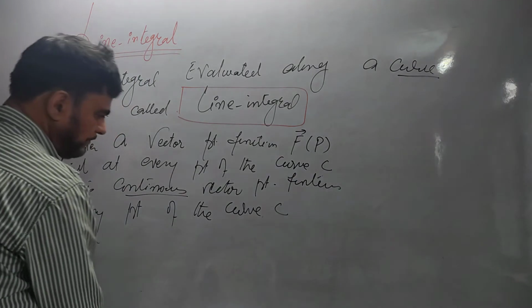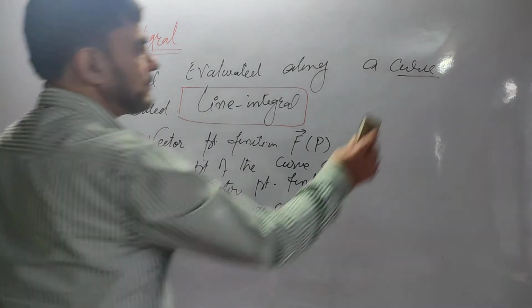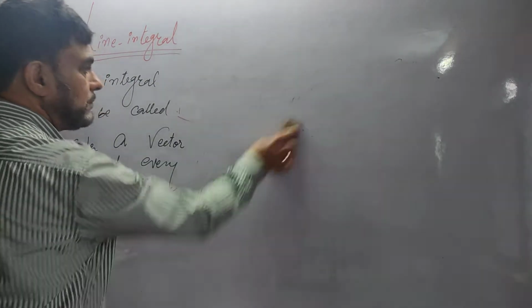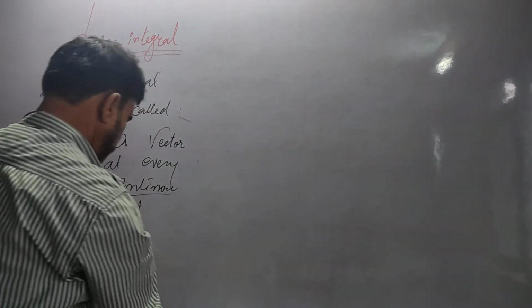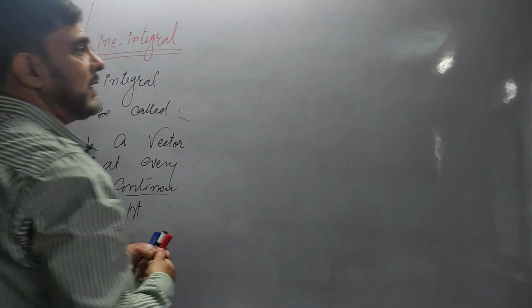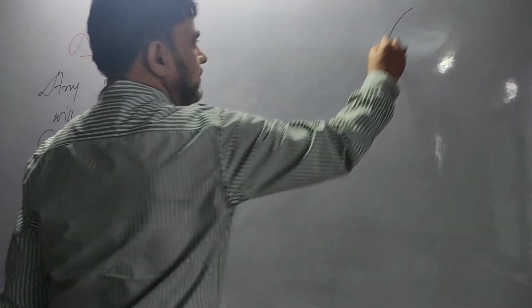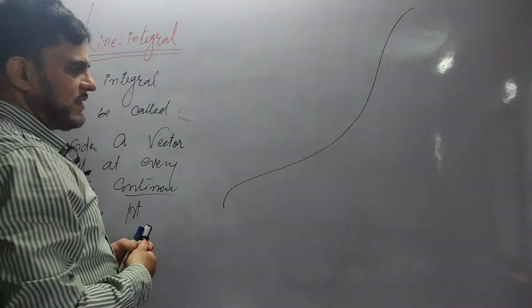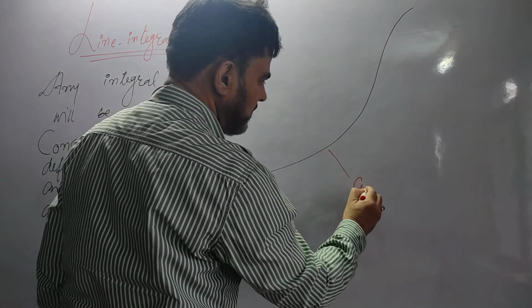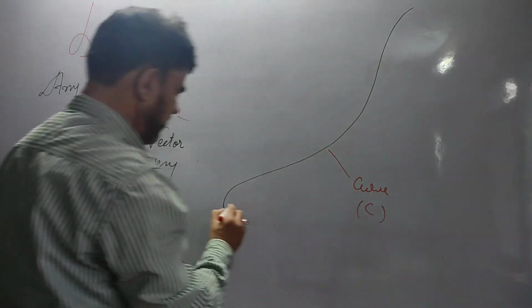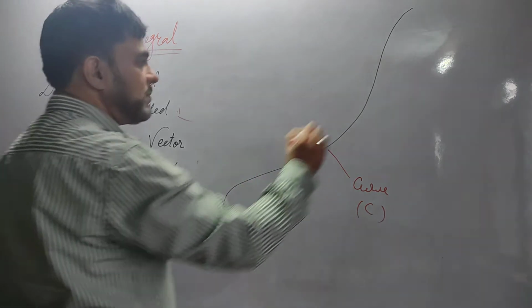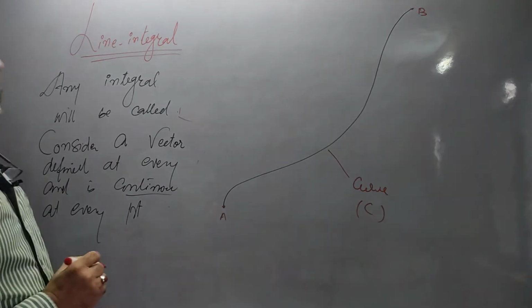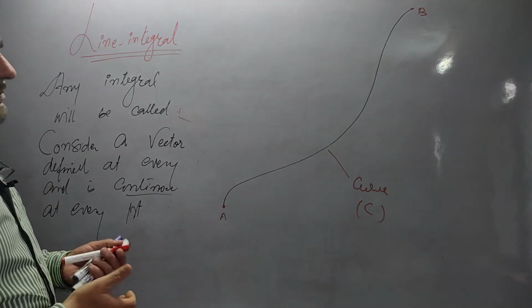You see how we go. Let us consider this curve here. I take a curve, say this is curve C. This is your curve C from A to B. It is bounded by points A to B. We divide this curve into n parts.